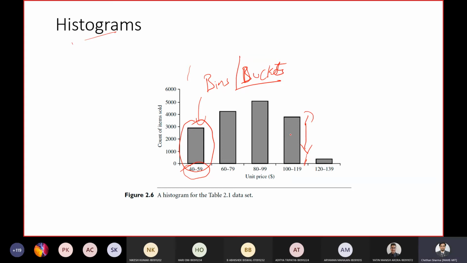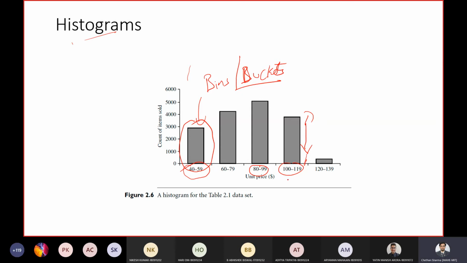So here the height gives you the frequency. The width of each bar or each bin gives you the range of the data.